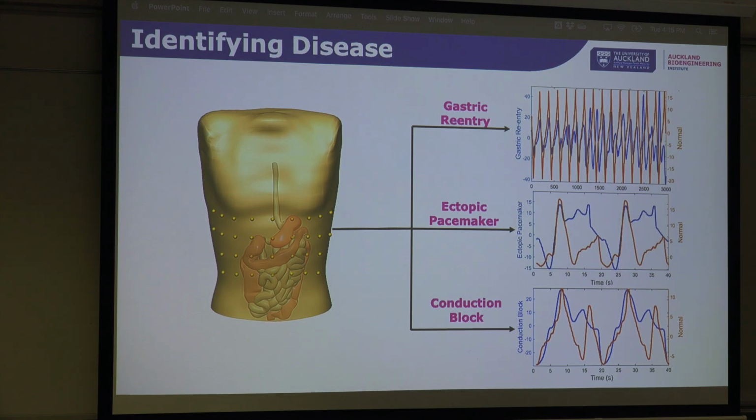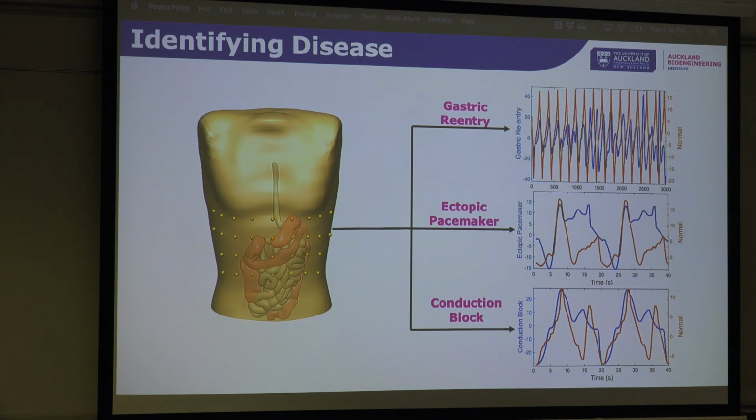So we've got normal shown in orange on all the cases. And we can see that there is a morphological change on the body surface for all the cases. For gastric re-entry, we see in the blue the complete destabilization of the wavefront. And then in the ectopic pacemaker and the conduction block, we actually just see a change in that morphology.